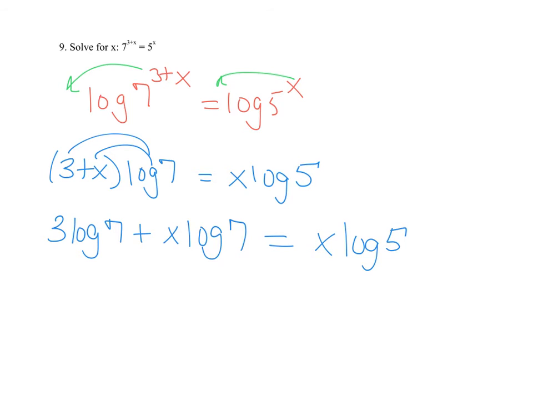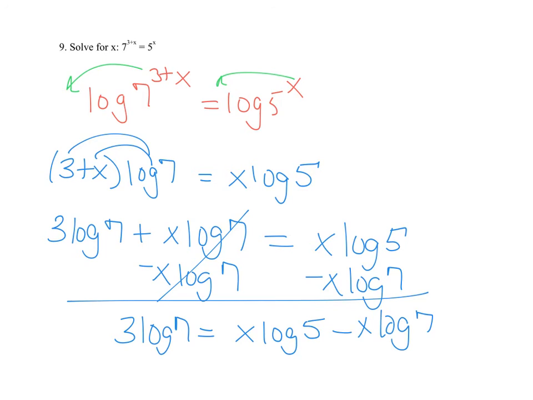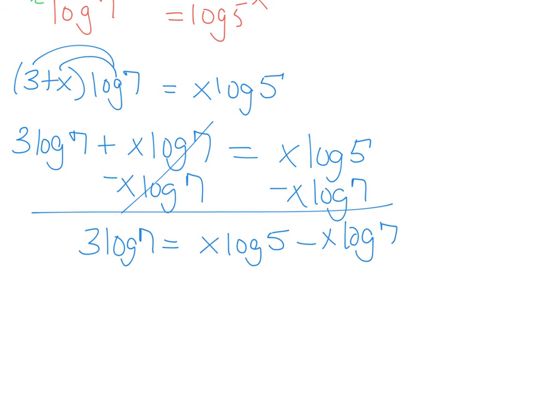You want the x's to be together so that you can solve for x. And what this allows you to do is, now that the x's are on the same side, you can pull out or factor out the common x. And this is equal to 3 log 7.